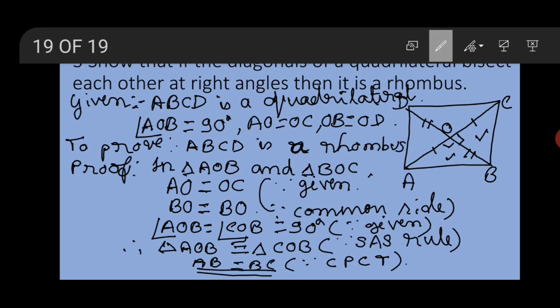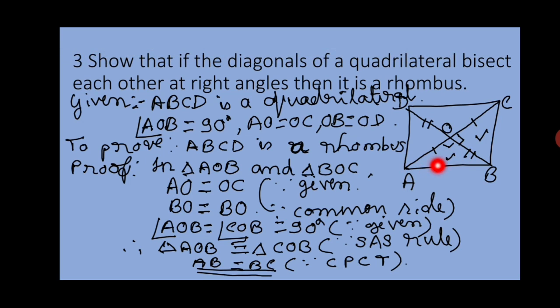But AB is equal to BC indicates what? It is a quadrilateral whose two diagonals bisect perpendicularly and whose adjacent sides are equal, so it indicates it is a rhombus. Good.